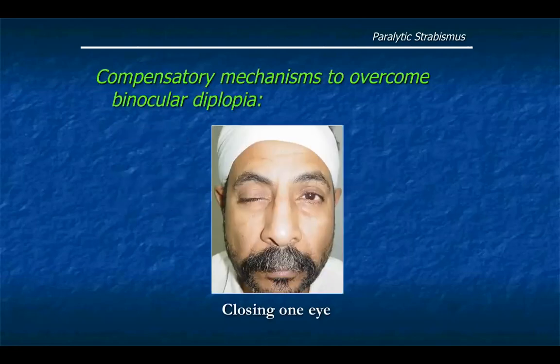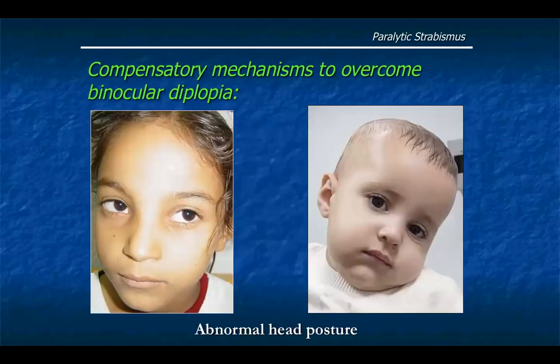Compensatory mechanisms to overcome binocular diplopia could be by closing one eye to see only one image by the other eye, or by acquiring an abnormal or a compensatory head posture. The girl on the left-hand side is acquiring a right face turn to move her eyes into left gaze to avoid the position of a right lateral rectus paralysis.